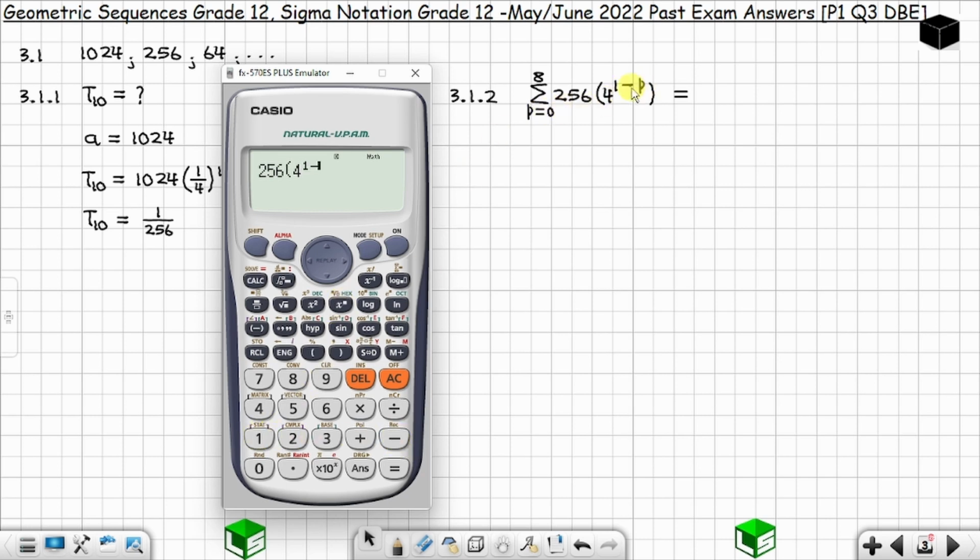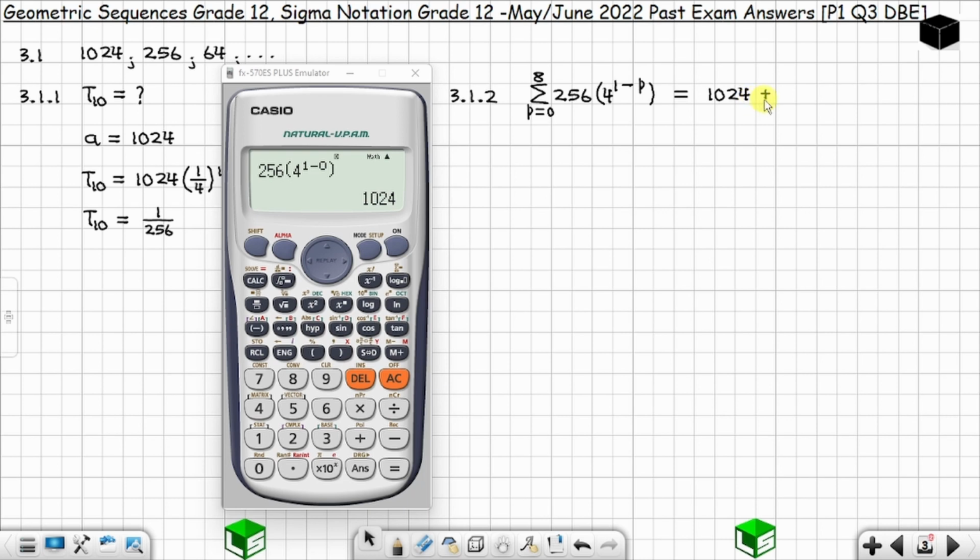You start by substituting p equal to 0, so you replace your p with 0. So you have 1 minus 0, you close, and this is equal to 1024. So this is your T1, your first term. And plus, you have plus because this is a series, because you have sigma notation, which is a Greek letter that stands for sum of.